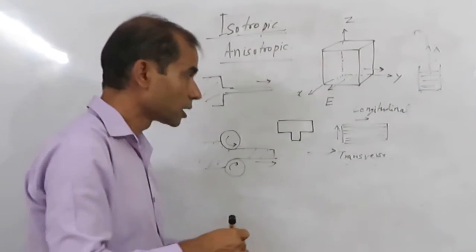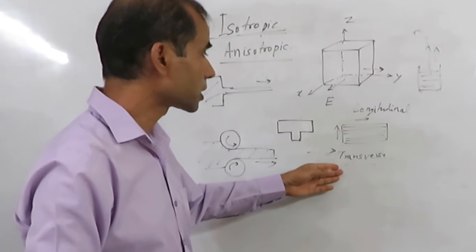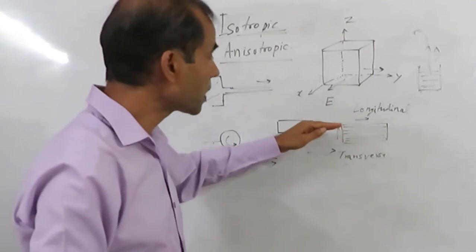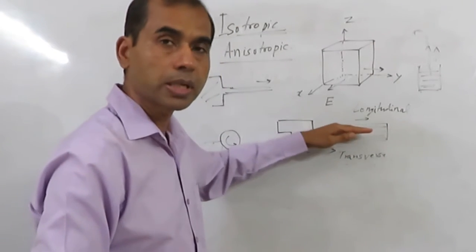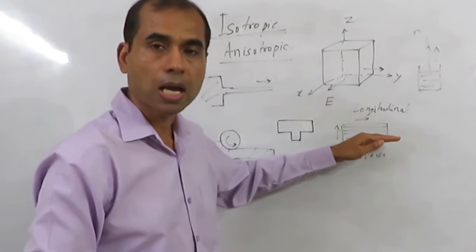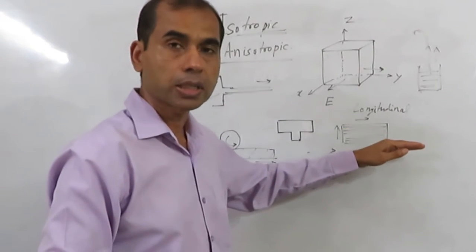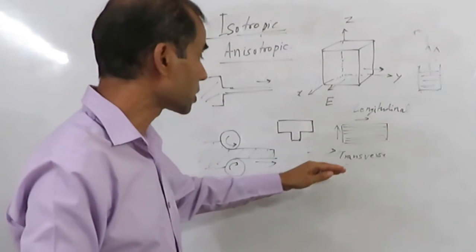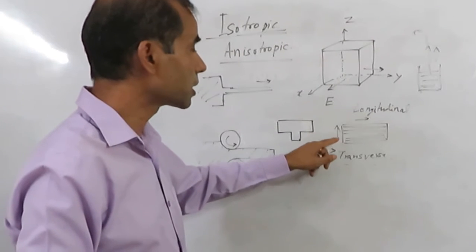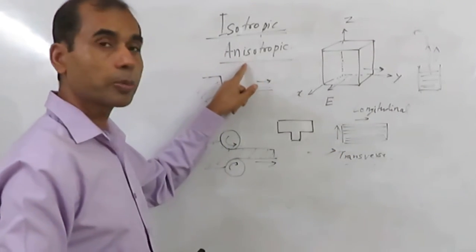So properties in longitudinal direction will be different from the properties in transverse direction. In general, if the fibers are aligned in this longitudinal direction, then some of the properties are better in the longitudinal direction, like strength or modulus. In the transverse direction, the strength will be poorer. So this is also an anisotropic material.